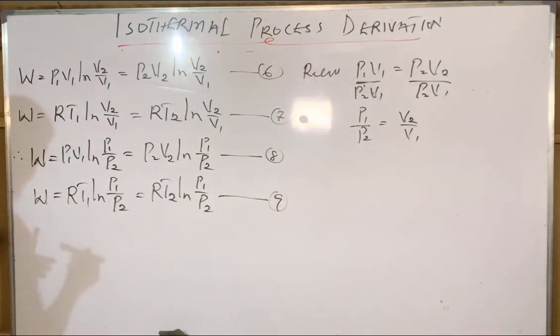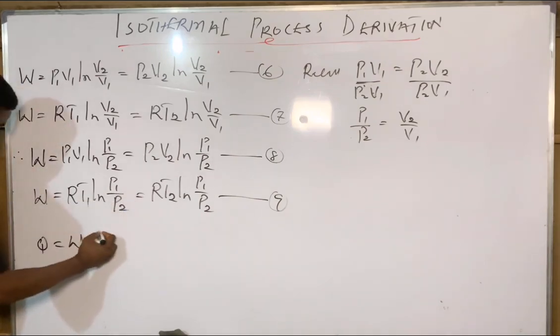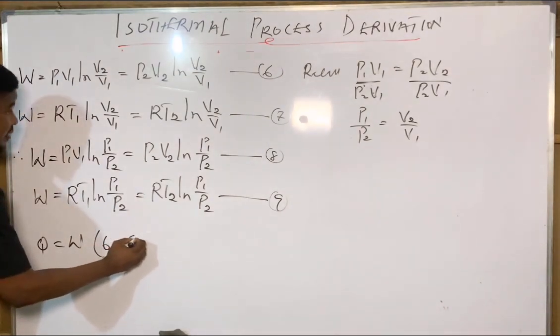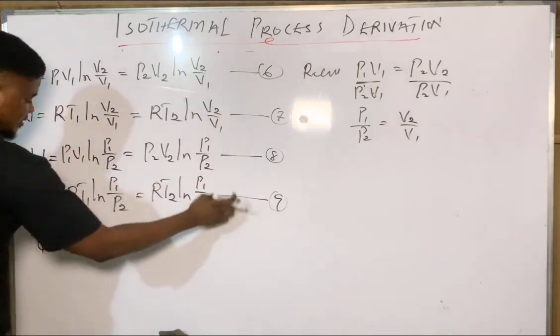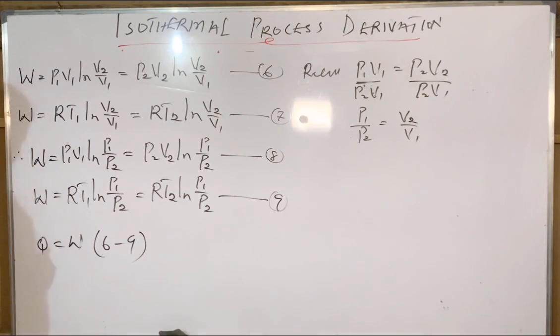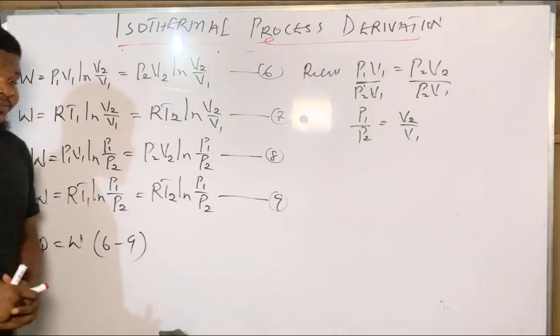And remember, earlier we said that heat supplied is equal to the work done. So these four equations, equations 6 to 9, can be used for work. They can also be used for the heat supplied on the system.